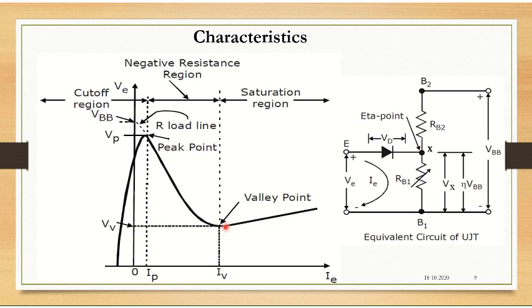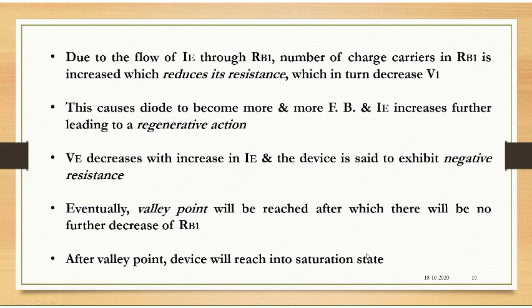If the emitter current drops below the valley current, which is similar to the holding current, then the UJT will go back to the off state region. So this is the working of the UJT and its characteristics.